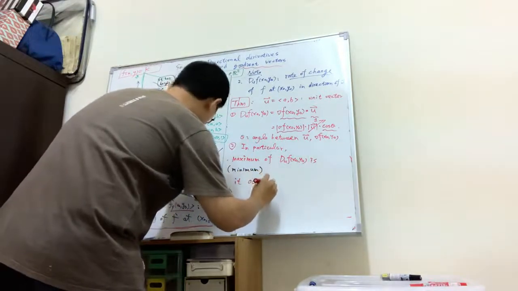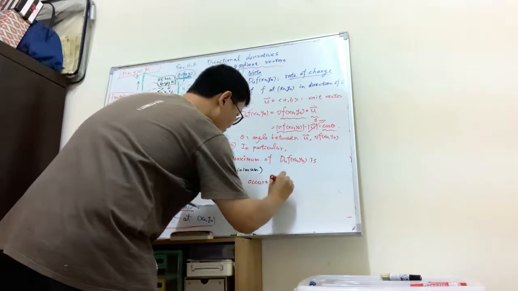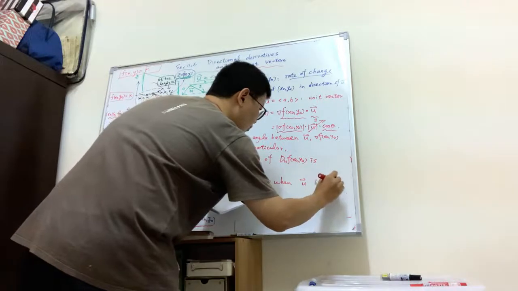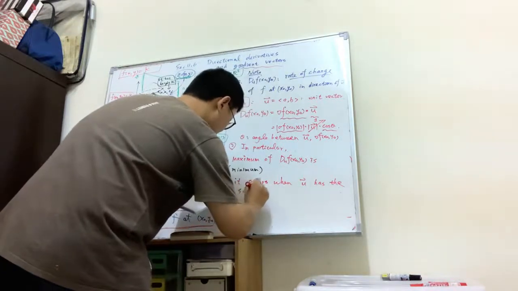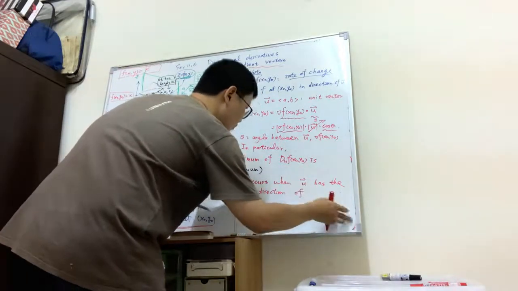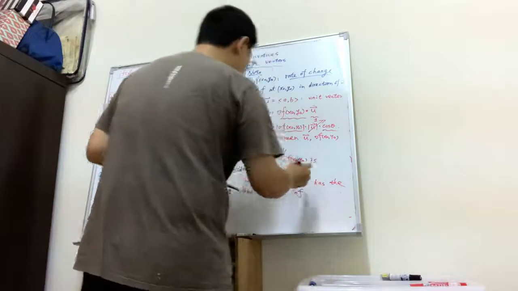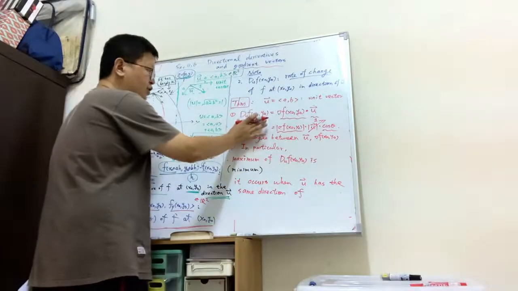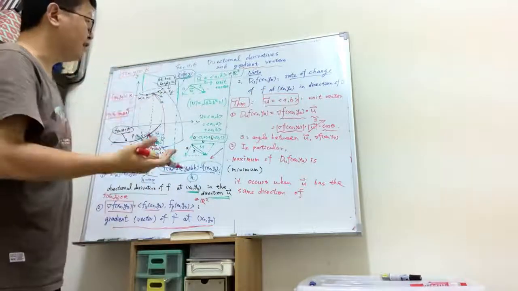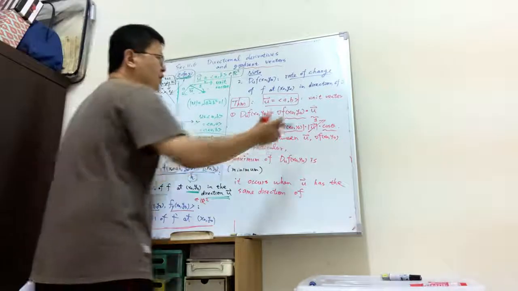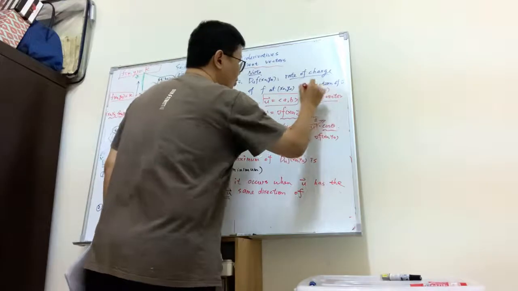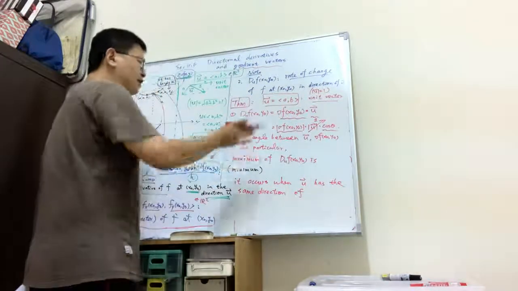I write down the result. First one, maximum. So for the directional derivative, originally for the unit vector, we just know that its length is 1. We don't know the values a and b. And we have this result.